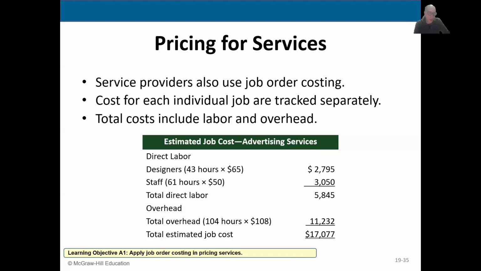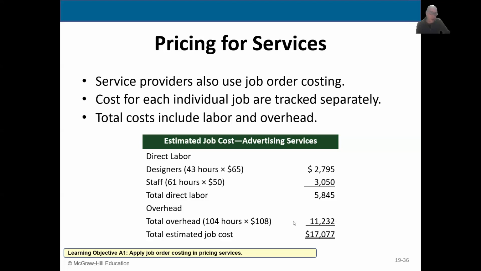And in this case, the overhead is an estimated amount, a predetermined overhead rate of $108 per hour. That's how we get this amount. So it just kind of shows you how we would use job order costing in a service business.